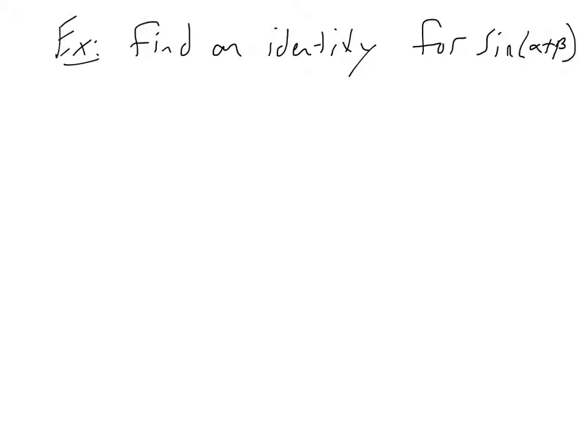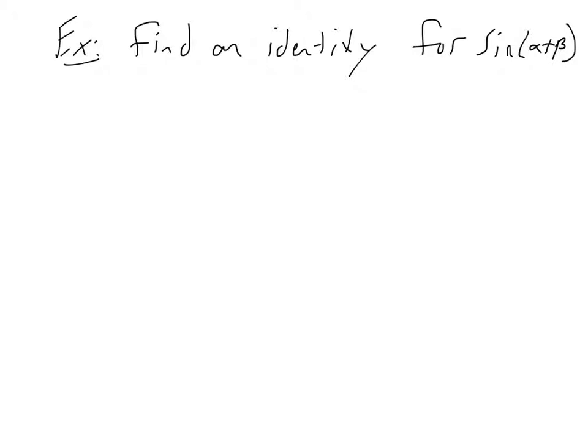My hint is that we are going to use the identity that we just established, which is the one that says cosine of pi over 2 minus theta is equal to sine. So use that along with maybe our cosine difference identity to show what sine alpha plus beta is equal to, in simplest form, of course.